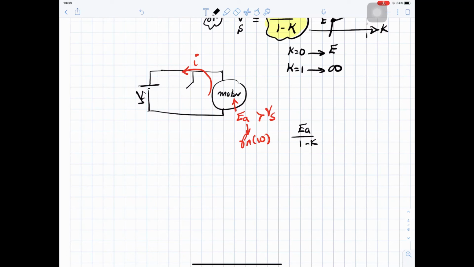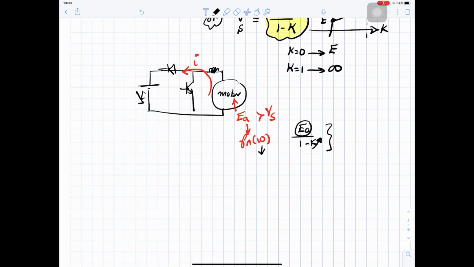So by adding a switch here, a diode here, and the inductance of the machine, it acts as a boost converter. So whatever E you have, you can adjust the K so this term is more than Vs, and you are returning current to the source. And when you return the energy to the source, you are taking energy from the kinetic energy.